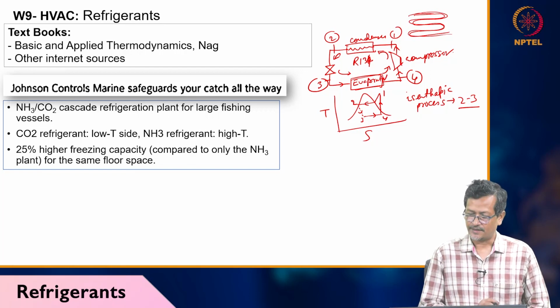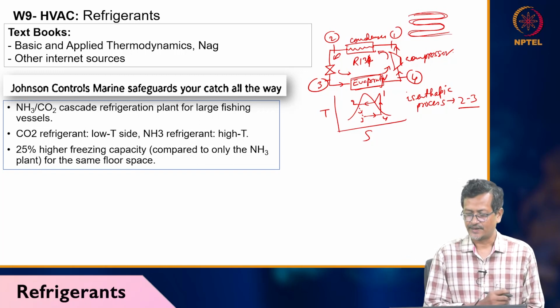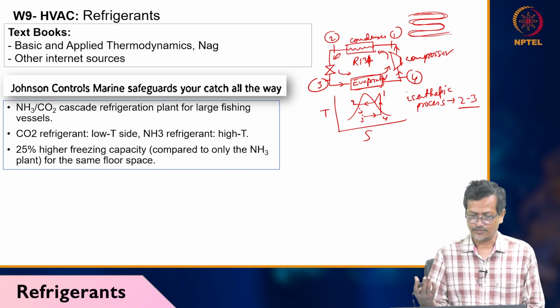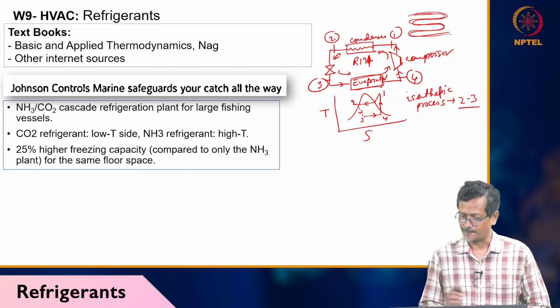So the condenser will be releasing heat to the atmosphere, and the evaporator will take heat from your fruit, vegetable, meat, fish, whatever item you are putting inside the refrigerator, or from your room if you are using it for an air conditioning system.